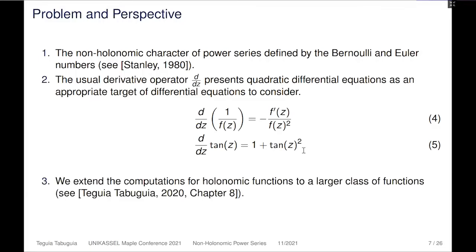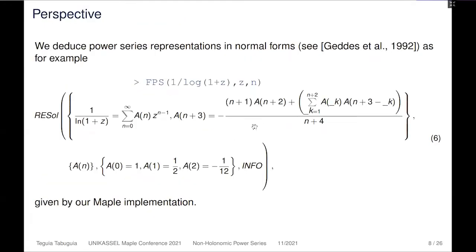So our idea is to extend the computations which are done for holonomic functions to another class of functions. For example, with our Maple implementation of our algorithm, we can find the power series formula for the reciprocal of log of 1 plus z, given in formula 6. As you can see, this is a Laurent series, so our method is also able to compute a representation in a recursive form for the coefficients of many non-holonomic power series.